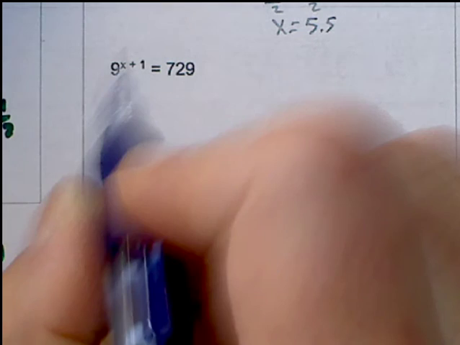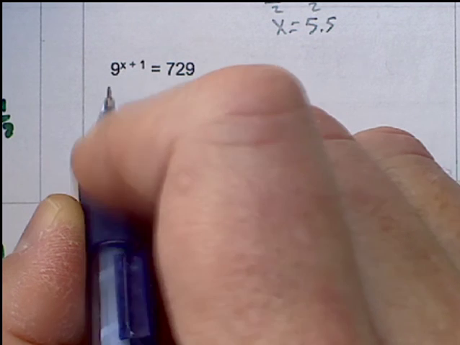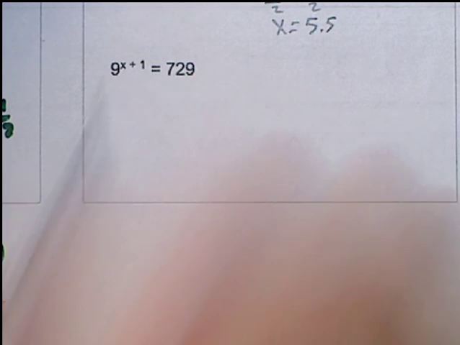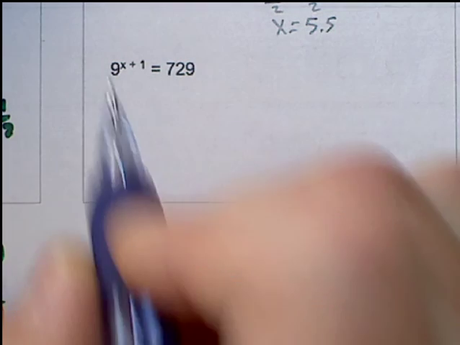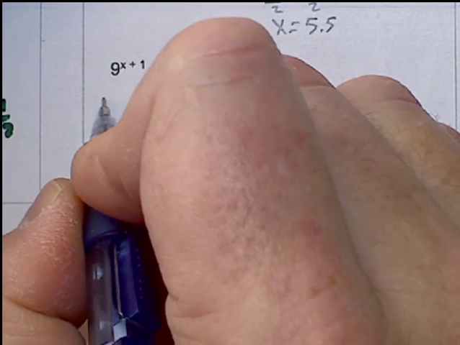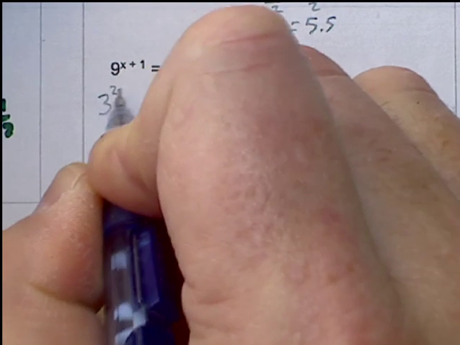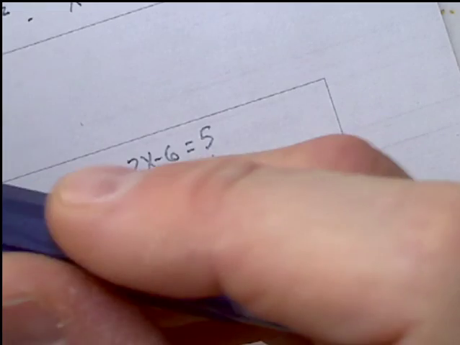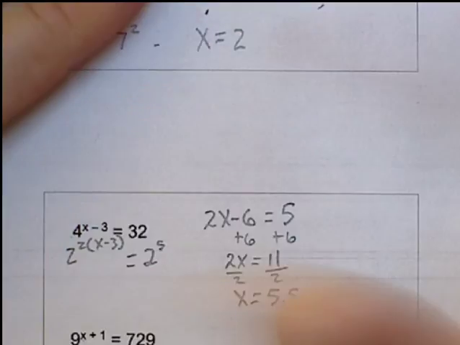Well, then we need a common base. 729 is not a power of 9, 9 will not give us 729. 3 is what we want. 81 has 9 times, yes, but that still doesn't give us a base that we can use for the exponents to solve what we want.